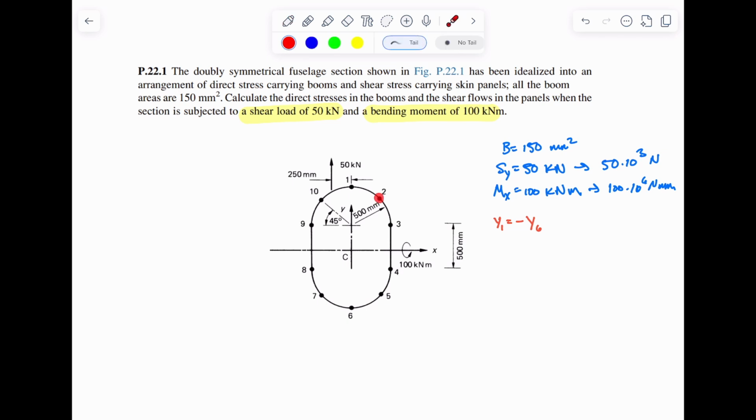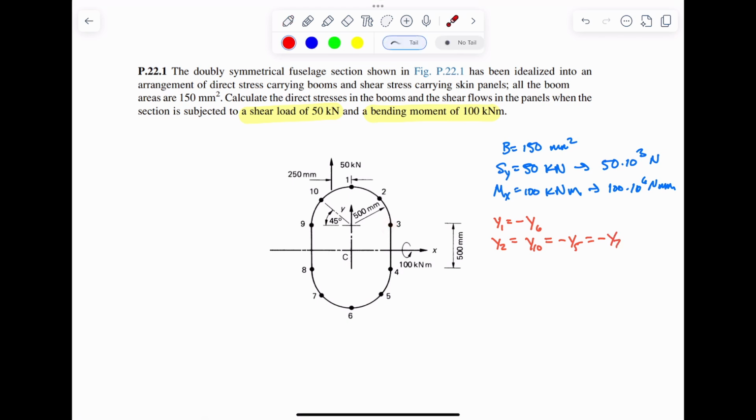Same thing with boom 2, which is symmetric with booms 10, 5 and 7. So y2 is equal to y10 and negative y5 and negative y7.